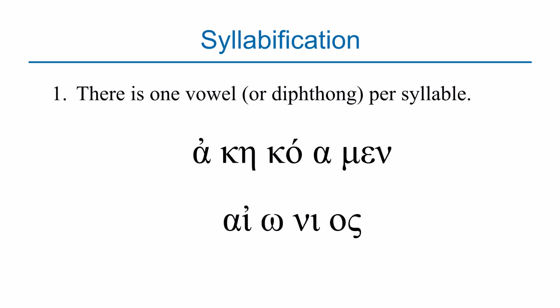So we have two examples there. We have two words: akekoamen on top, and we have ionos. The first example shows a situation where you divide immediately after a vowel, because in the word akekoamen, there is no diphthong.